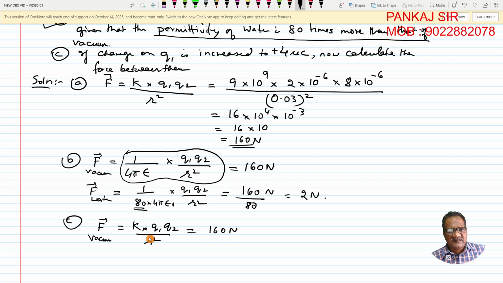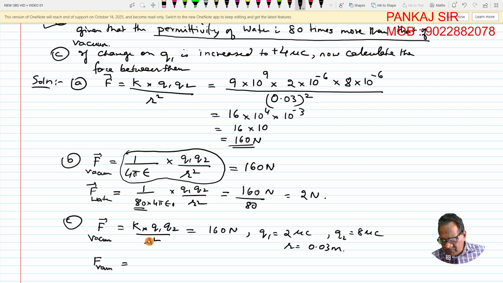Now in this case, the Q1 was 2 microcoulomb, Q2 was 8 microcoulomb, and your r was 0.03 meters, right? Now what change has taken place, you have to find out F in the new scenario, again in vacuum.